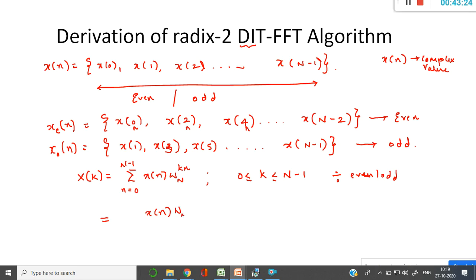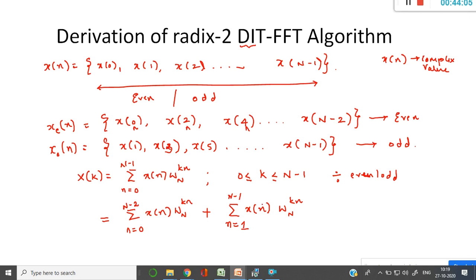So x of n is multiplied with W_N to the power of kn, starting from 0 and the ending value is N minus 2. So this is the even sequence, plus, again x of n is multiplied with the twiddle factor W_N to the power of kn, where small n is running from 1 to N minus 1, right?